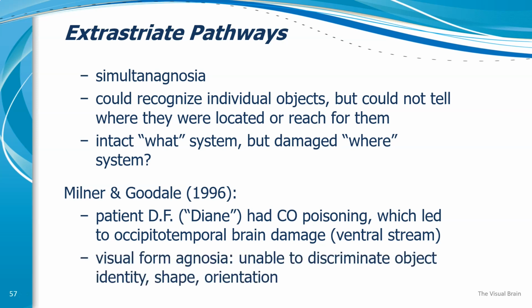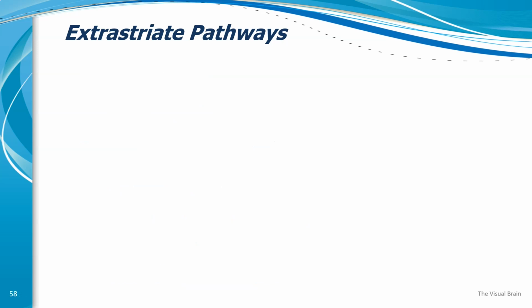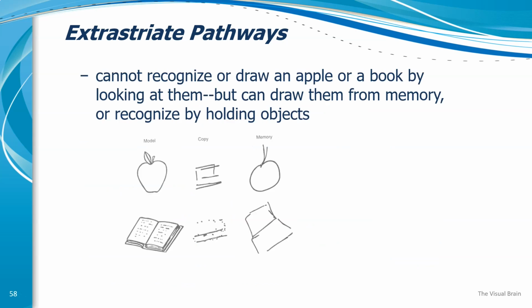As a result, D has visual form agnosia. She can't discriminate objects, tell you their shape, their orientation. She's been tested extensively. She can't recognize or draw an apple or a book by looking at simple line drawings of them. So this is her attempt at copying. No, not even close.